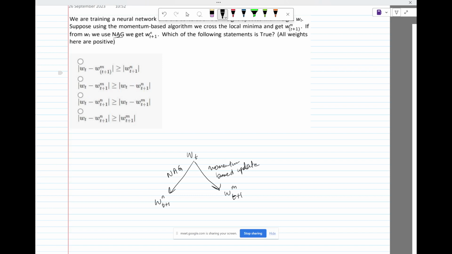So from Wt, the same Wt, you have performed two different weight update steps and you got two different updated parameter values, Wm and Wn. And we have asked which of these options is true. All options have inequalities, where some have the absolute value of the parameter weight value, some have the difference, that is how much the parameter value has changed.